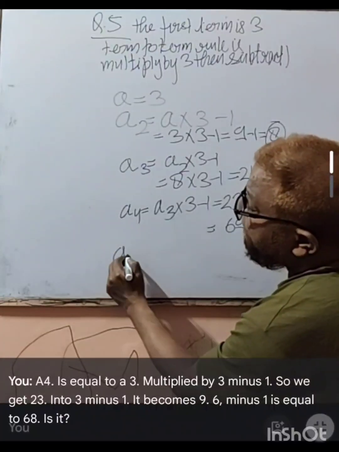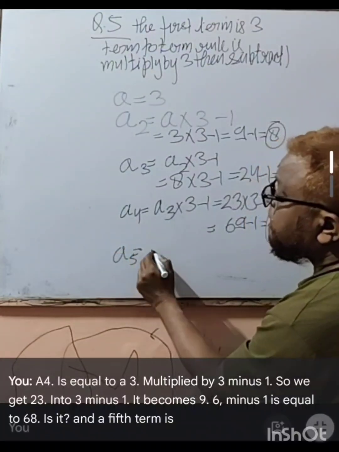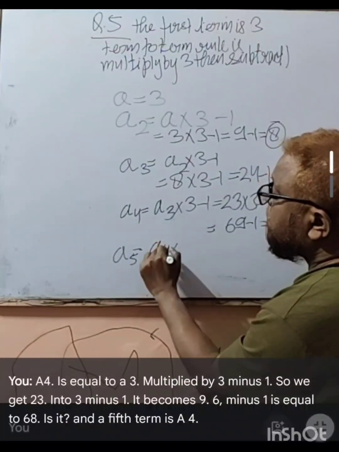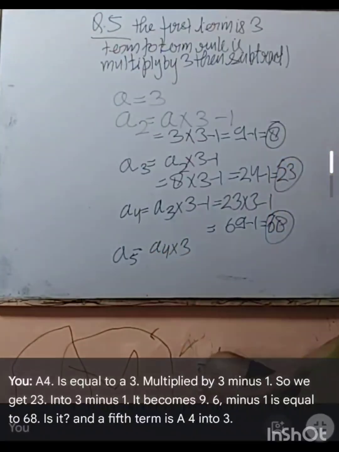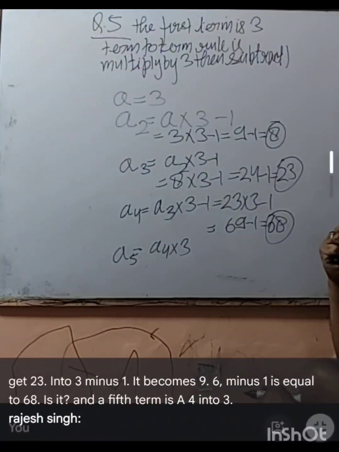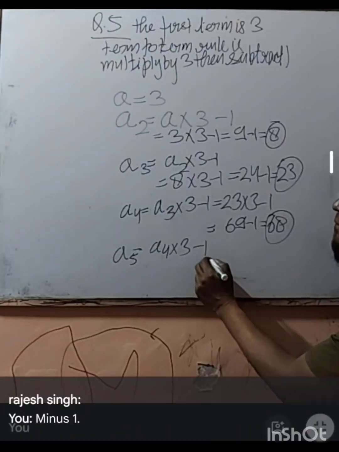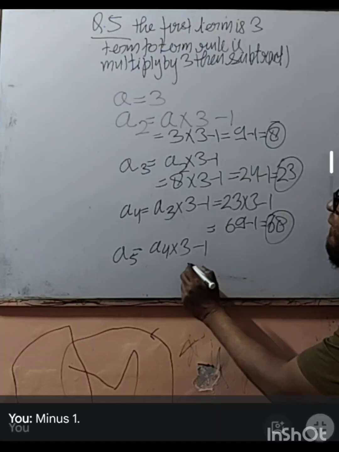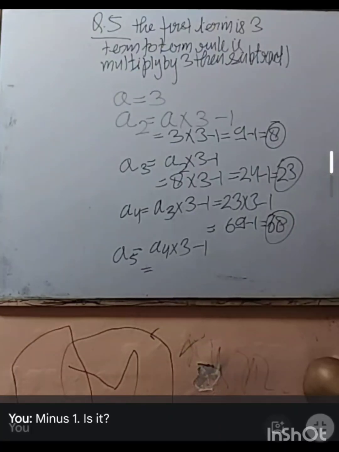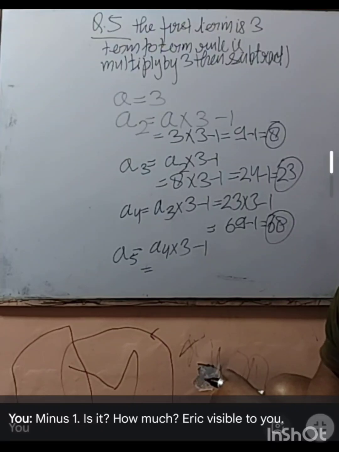And the fifth term is A4 into 3 minus 1. How much? Is it visible to you? Yeah, it's visible.